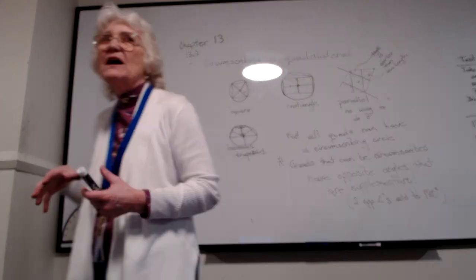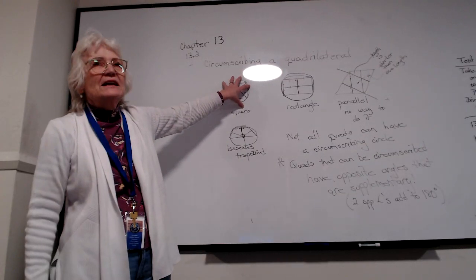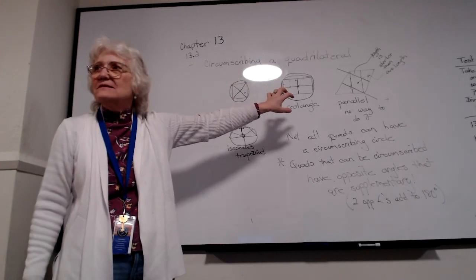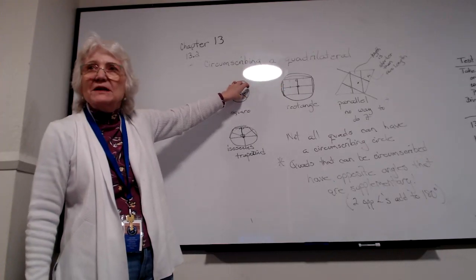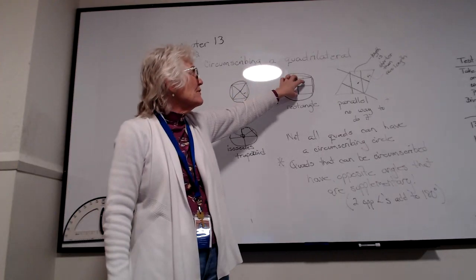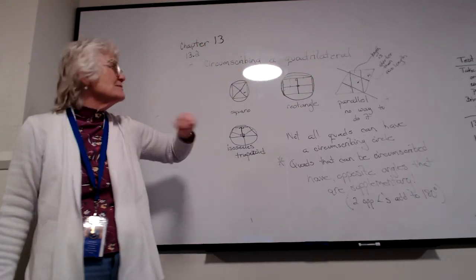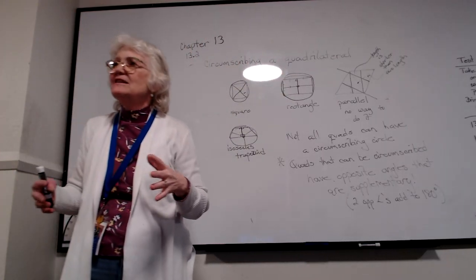Okay. I will just say this is not used as much, except package designers do use things like this to figure out if they have something circular as a package, what is the maximum thing they can fit into it? What's the maximum square? Of course, the square will be the biggest, but you can also figure out the rectangle. You have more wasted space. So sometimes these things are used when they're doing packaging of stuff.